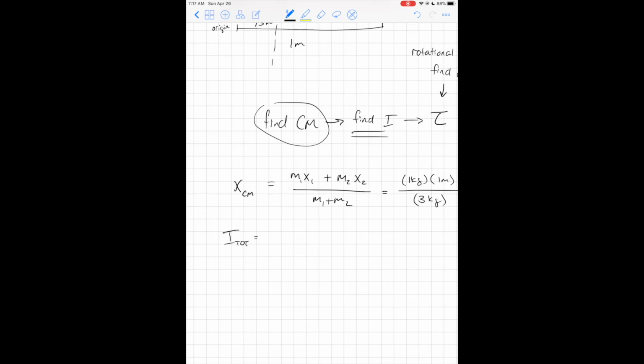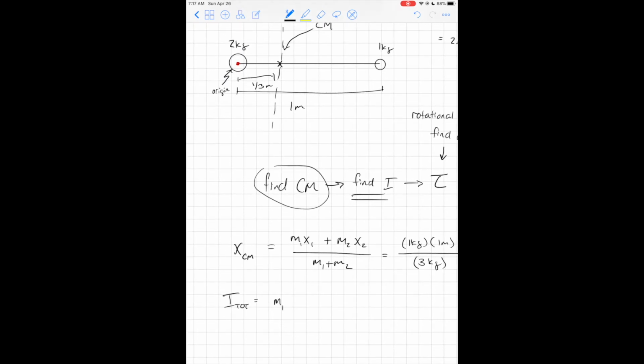So I'm going to say that I have m1 times how far away this is, r1 squared, plus m2 r2 squared. Let's just do it generally to begin with. Now if I'm actually writing this out, I am 2/3 of a meter away for m1.